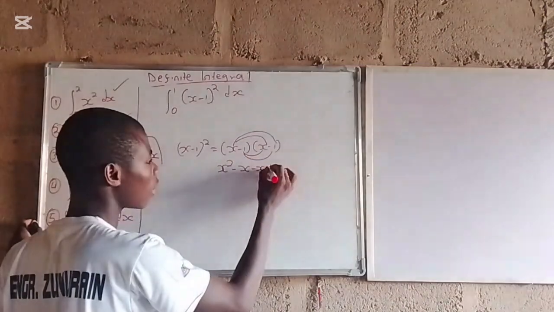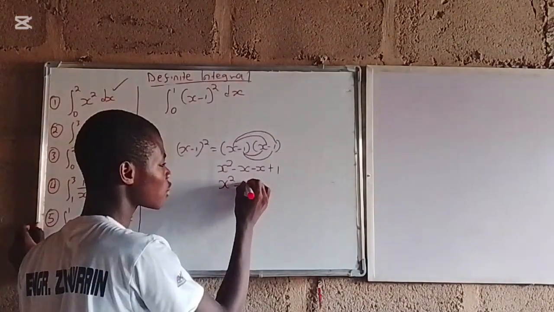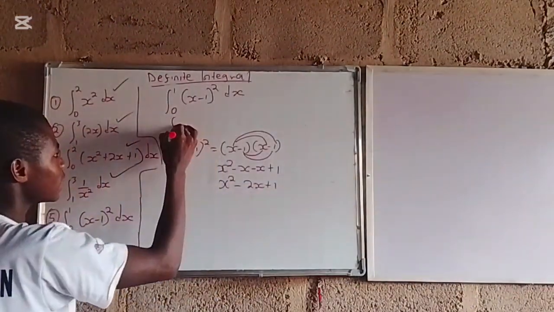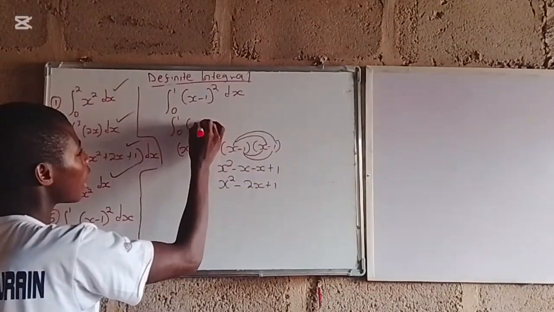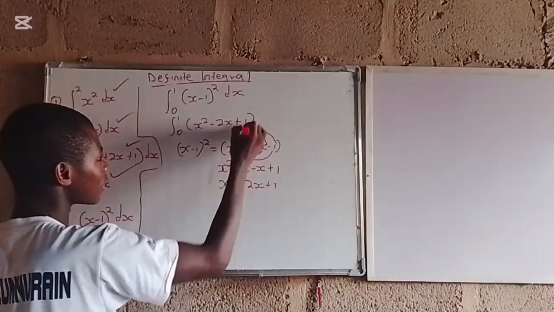Negative 1 times negative 1 gives positive 1. So I'll have x squared minus 2x plus 1. Then I have to insert the limits 0 to 1.